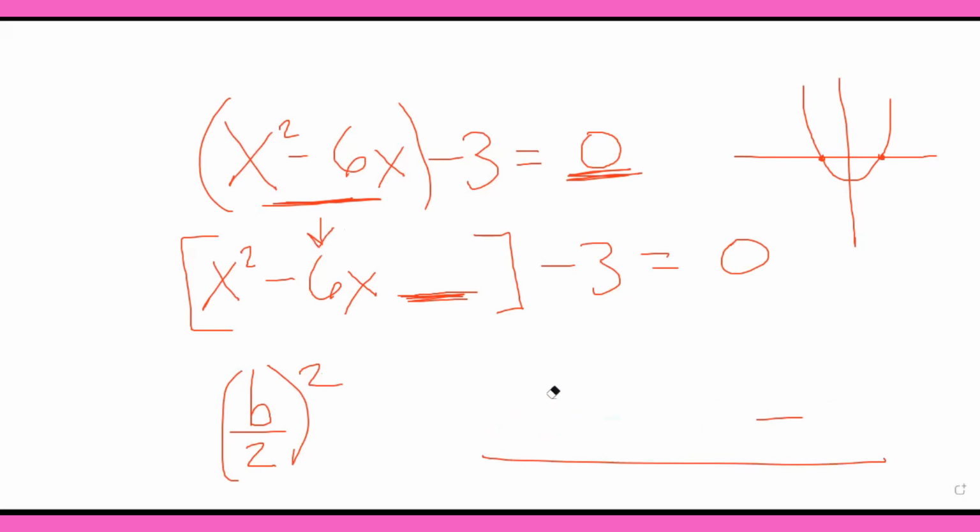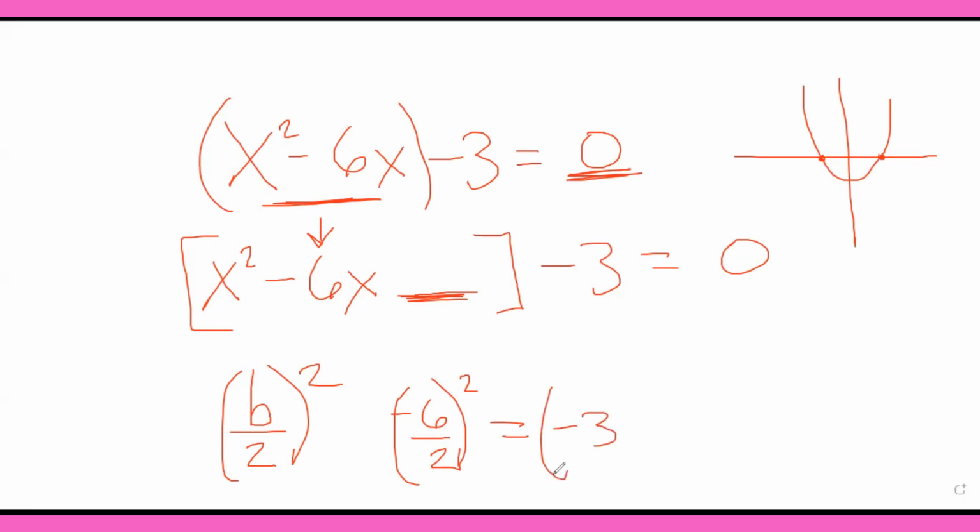So if we do -6 over 2 and then square it. So -6 over 2 is -3. And if we were to square that, it becomes 9. So -3 squared is 9. So it's a +9, and that is what goes in our blank.